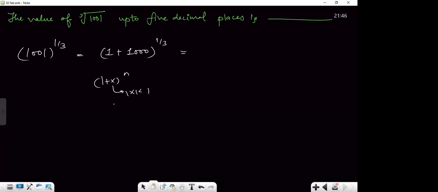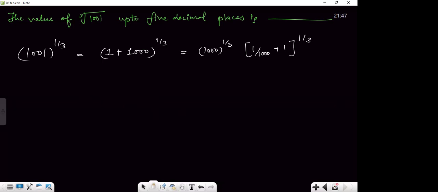Modulus of x is less than 1. So let's try to make x less than 1 by taking common. Let's take 1000 common, and if we take 1000 common from here, its power will also be available in it, into 1 by 1000 plus 1 raised to power 1 by 3.